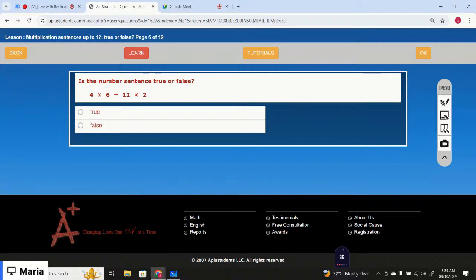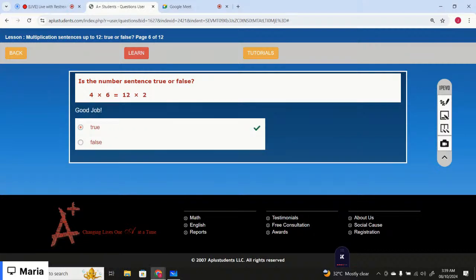The correct option is true it is, right? Option number 1 is the correct option. 4 times 6 is 24 and 2 times 12 is 24.